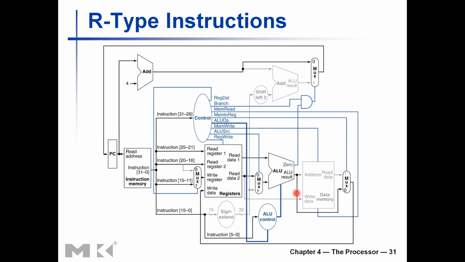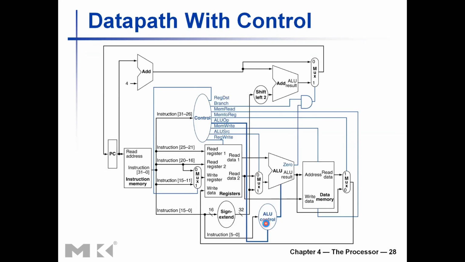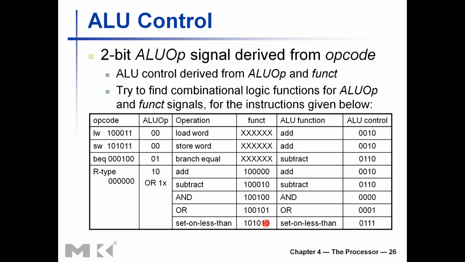ALU op is the 2-bit signal sent to this ALU control to decide what type of instruction we are dealing with. And if you go and have a look at our previous slide where we talked about the ALU control, the value for ALU op for R-type instruction should be 1 and 0.